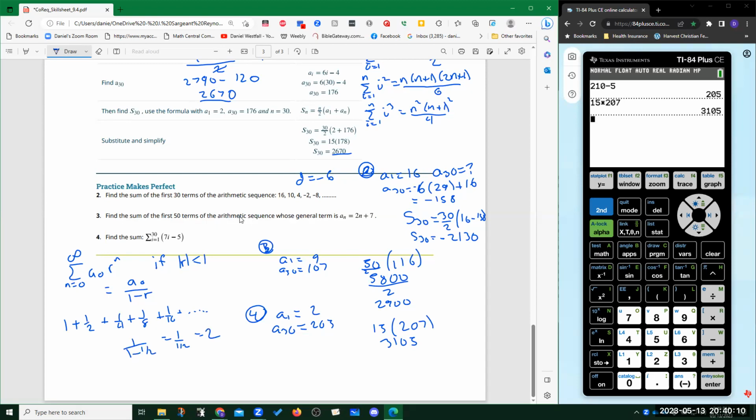So that's one of the things that they would go over in the textbook here.